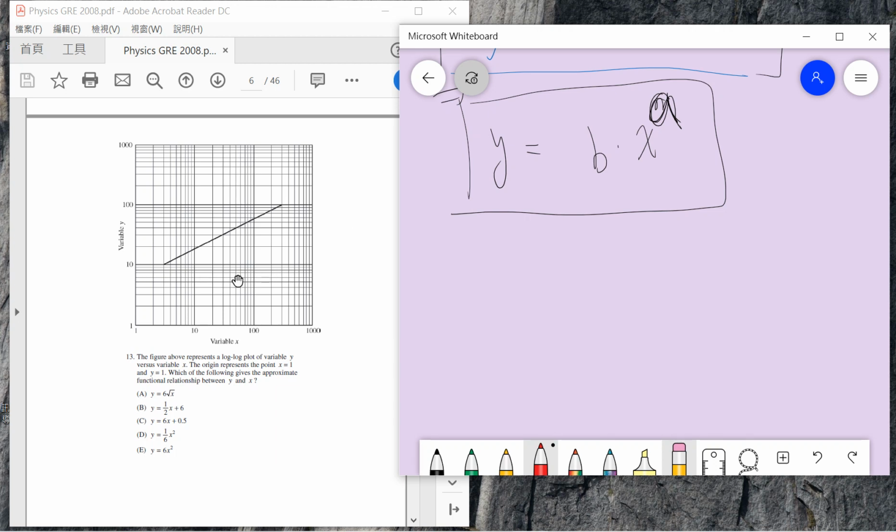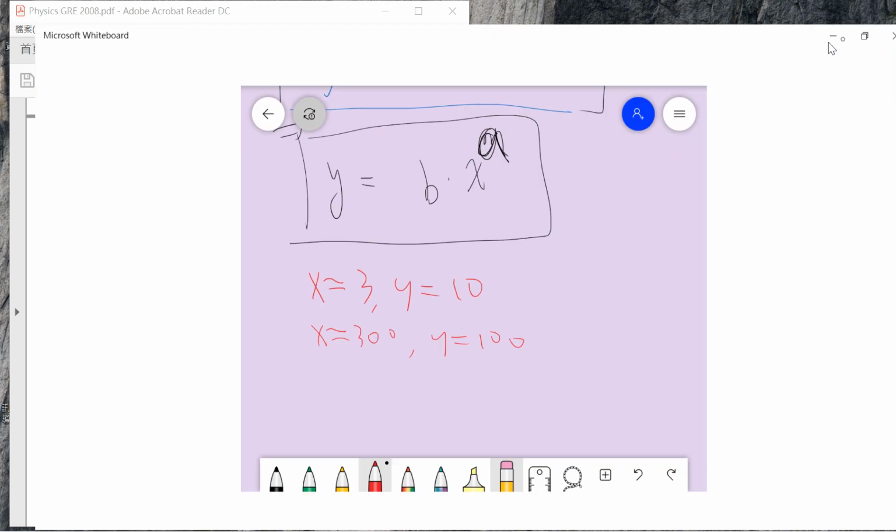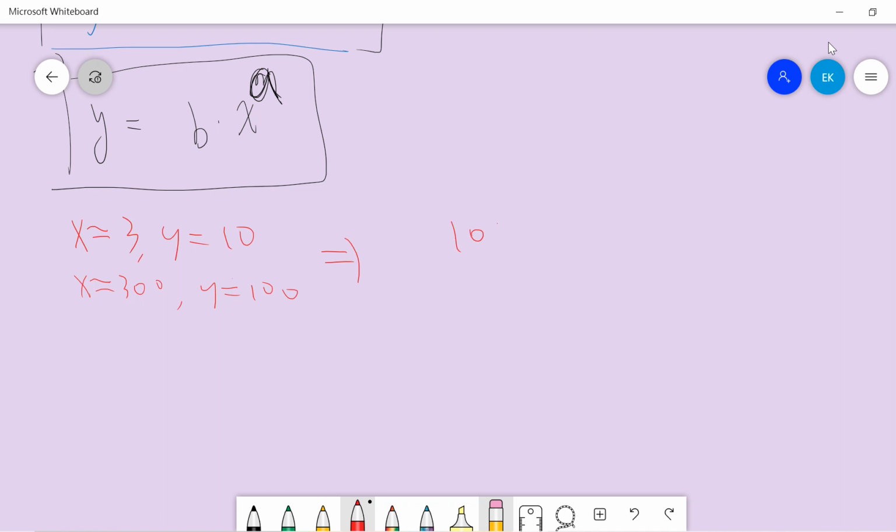So at this point, x equal to 3, y is close to 10. And at this point, x equal to 300, y is equal to 100. So this tells you that 10 is equal to 3 to the a times b, and 100 is 300 to the a times b.